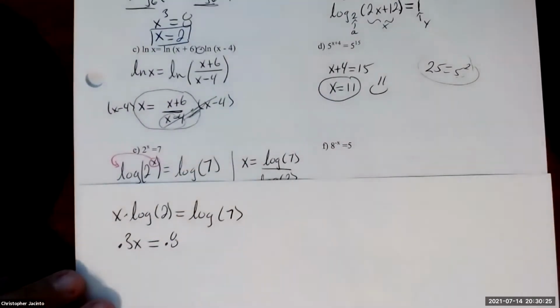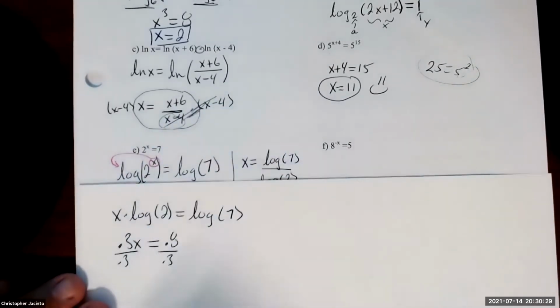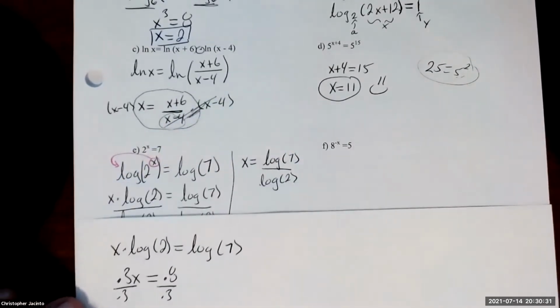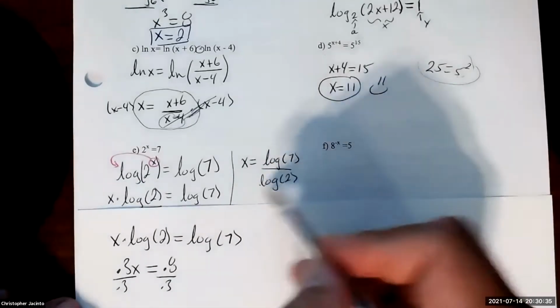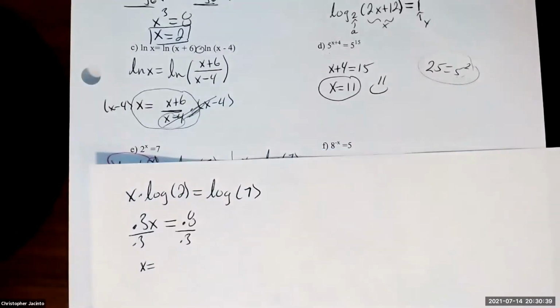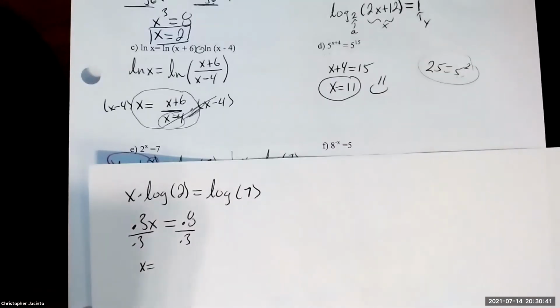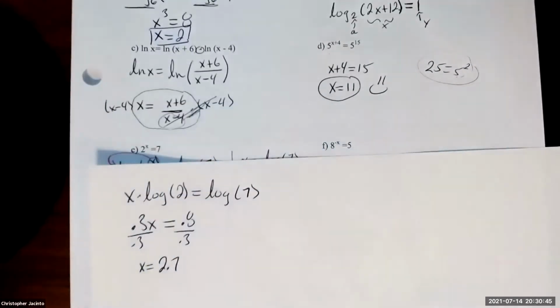So how would we solve for x? Well, you would divide both sides by 0.3. Notice we're doing the same thing here. We're just not evaluating what that number actually is. So again, if we evaluate it, x will equal whatever this division ends up being, approximately 2.7.